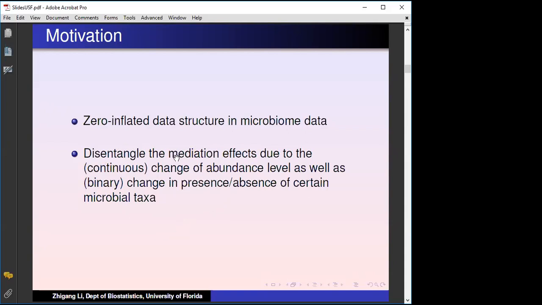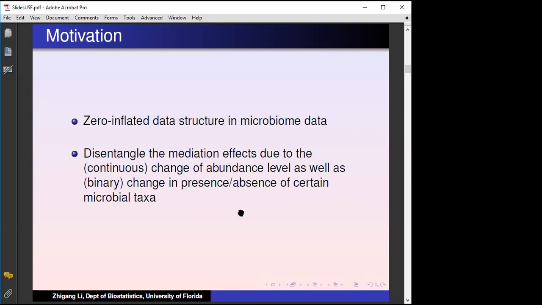The first route is through the change of the taxa on the continuous scale, the change of the abundance level. The other is the mediation through the binary change, the presence or absence of the taxa. And these 2 changes could happen at the same time.